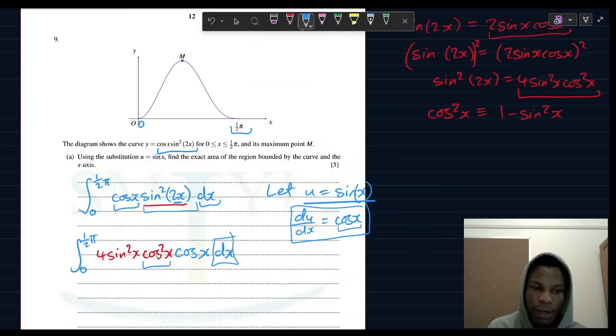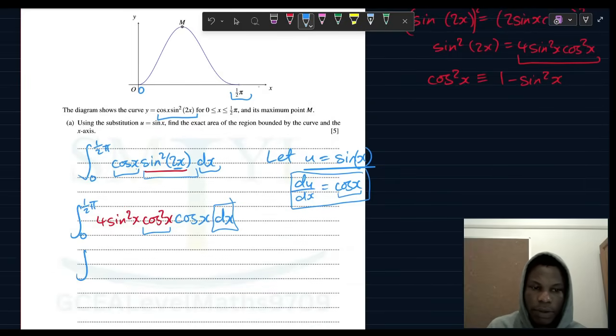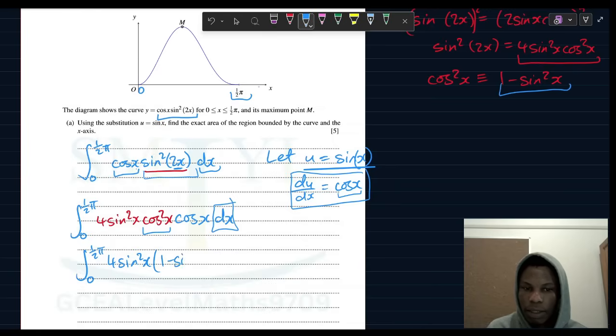So what we have is the integral from 0 to half pi of 4 sine squared x multiplied by cos squared x, which we said is 1 minus sine squared x, and that's cos x dx.